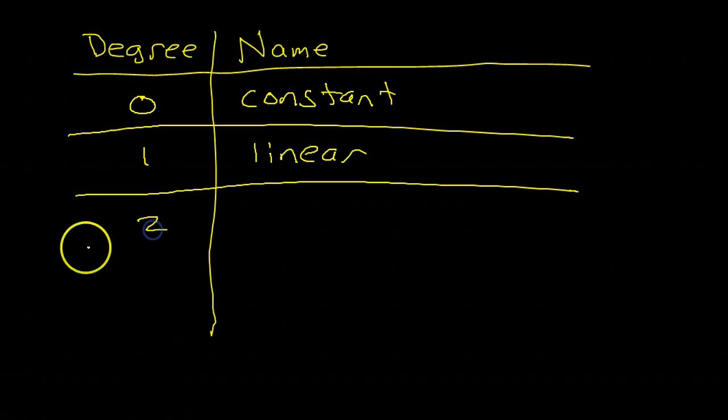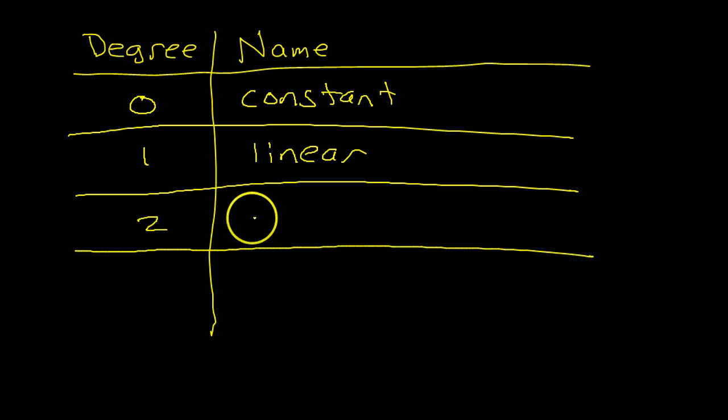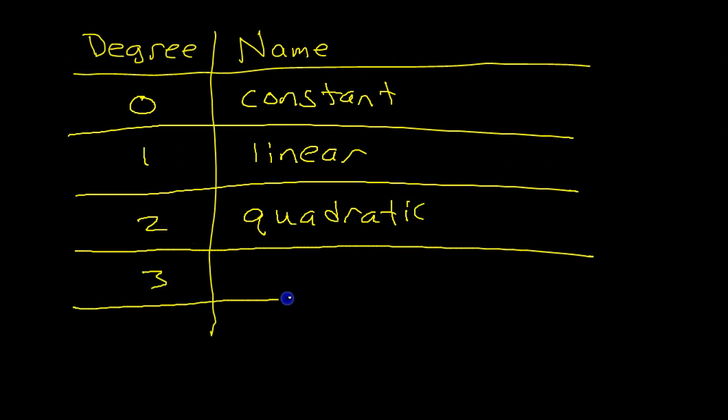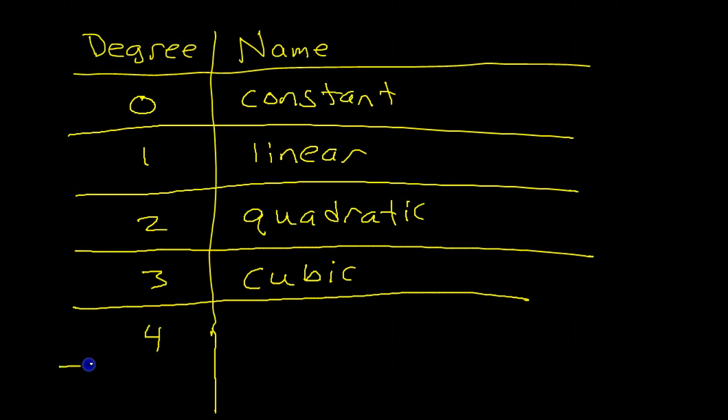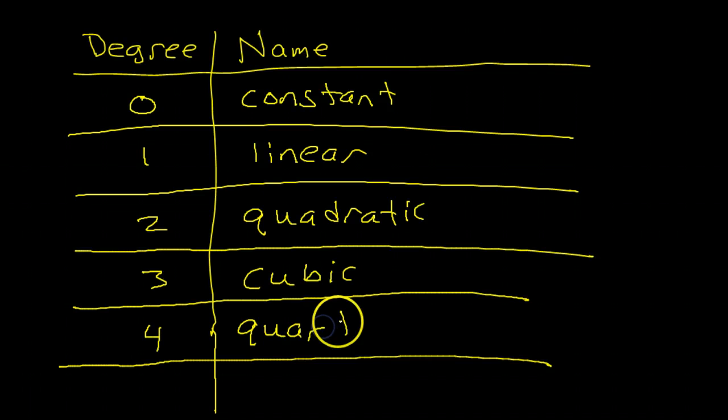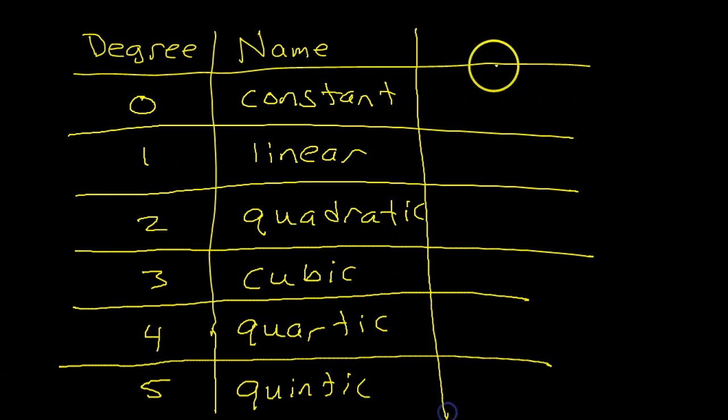If the degree is 2, we call that quadratic. If the degree is 3, we call that cubic. If the degree is 4, we call that quartic. And if the degree is 5, we call that quintic. And when I talk about the degree, I'm talking about power.